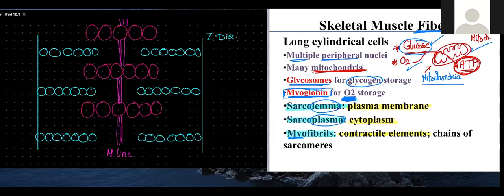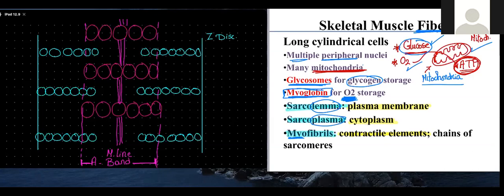All the thick filaments will appear darker in color under the microscope. This will appear as a striation. So we call those all together my dark band or my A band. And this is a part formed by thick filaments on top of one another.